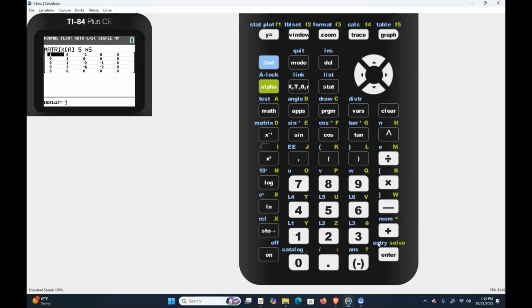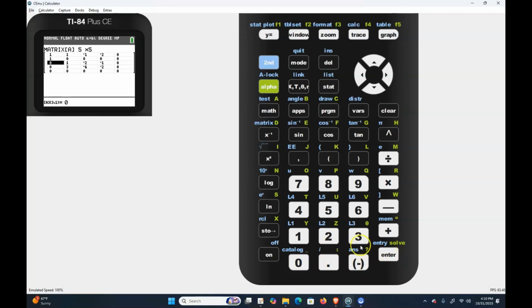So I'm going to go across, so it's 1, 1, minus 1, minus 2, 0, 1, 0, 0, 0, and 0.